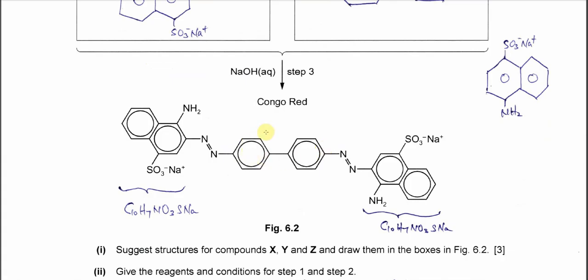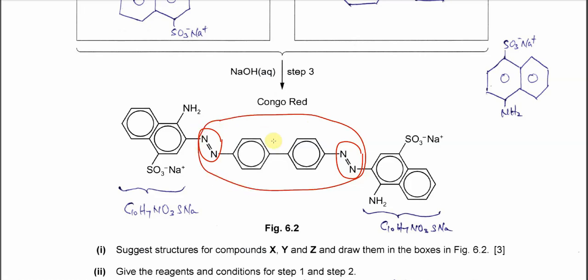From this dye molecule, we know that there are 2 azo links here, and these 2 azo links tell us that the diazonium structure is here, this one.